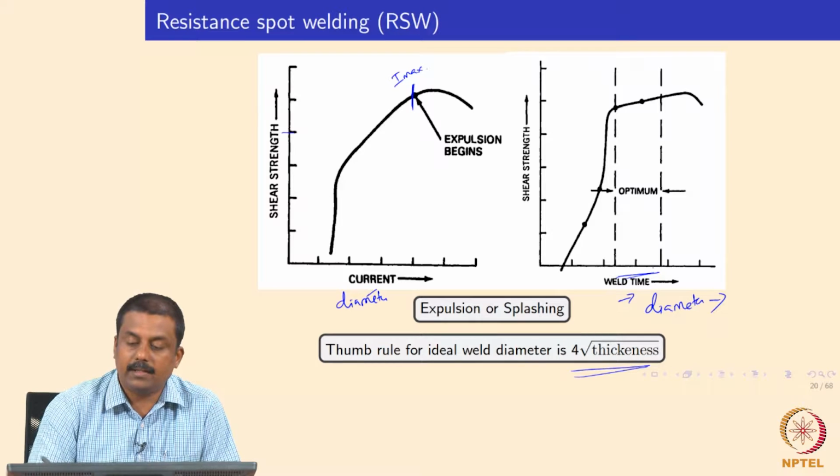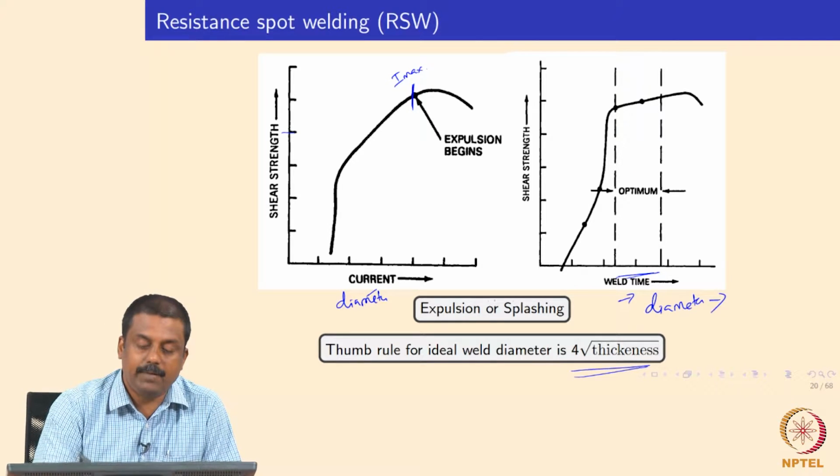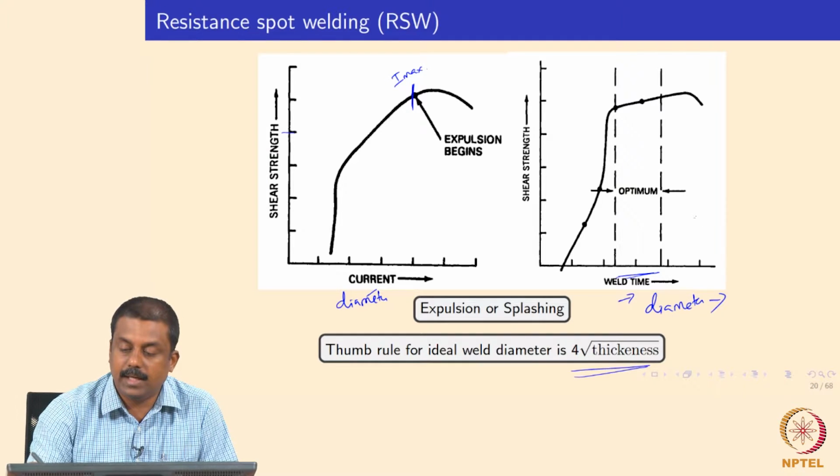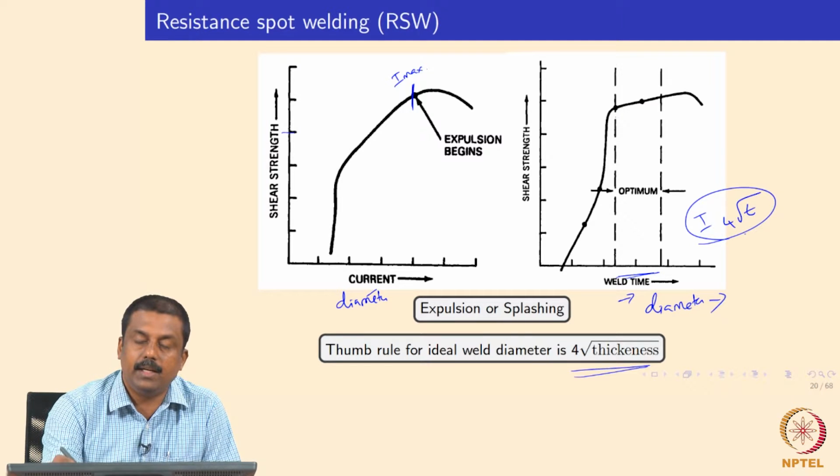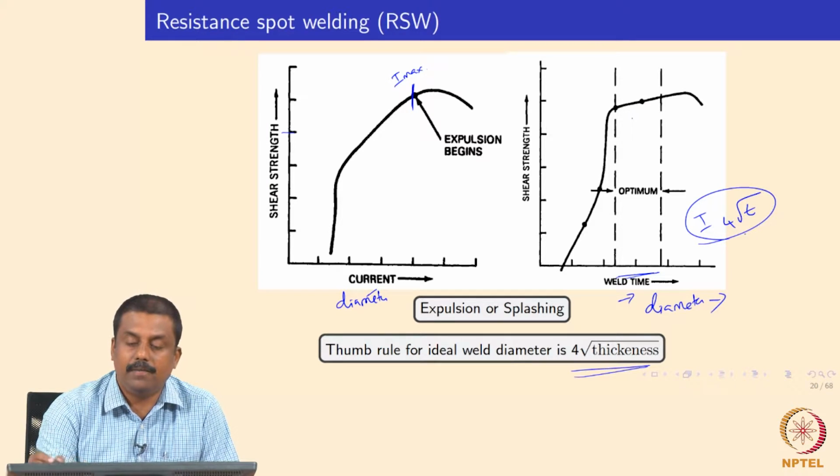So generally for a given current, once you identify the Imax and the current at which you get the weld nugget diameter of 4 times square root of thickness, we can take the current at 4 times square root of thickness, and then at that current level we can also identify at what welding time we will get an ideal strength of the weld. So we will again measure the shear strength as a function of welding time.